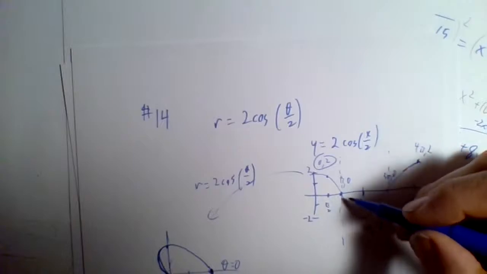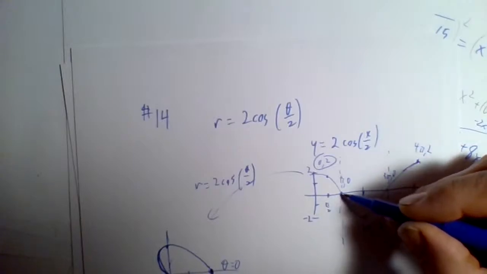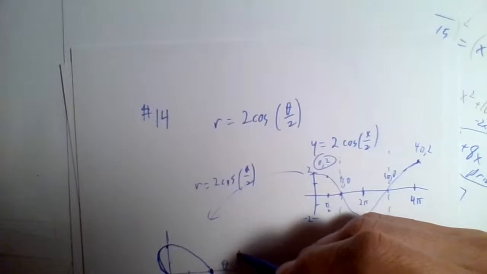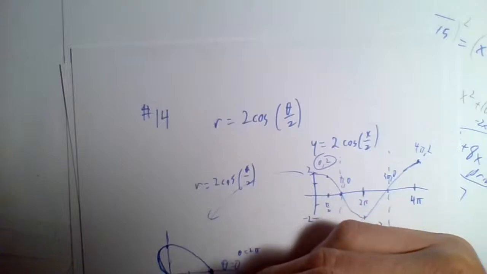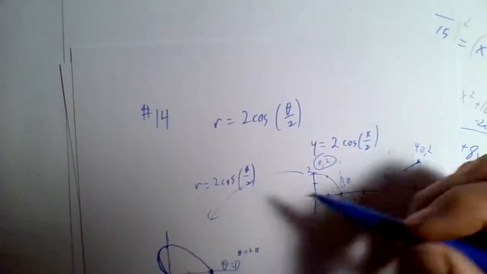And then it's negative, right? From that 0, it works its way through negative r values around to 2 pi, -2. Now this is also theta equals 2 pi here. 2 pi comma -2 would mean you go in the opposite direction of the angle, 2 places, and that comes out to here.